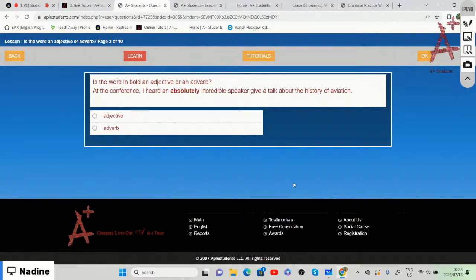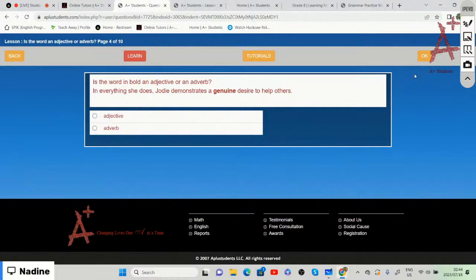An adjective describes or modifies a noun, and an adverb describes or modifies a verb, an adjective, or an adverb. All right, let's choose adverb, right? So, absolutely tells us about the speaker or how he spoke.